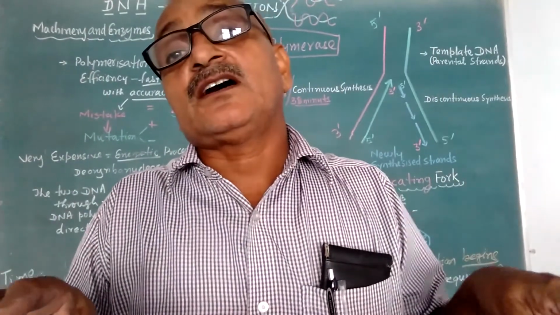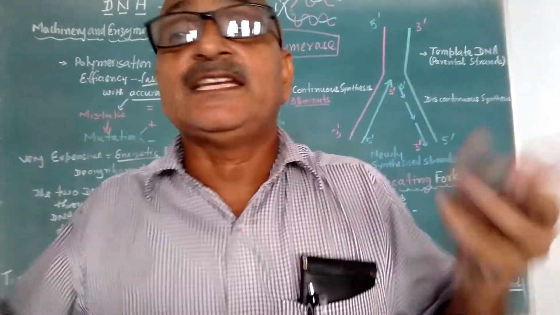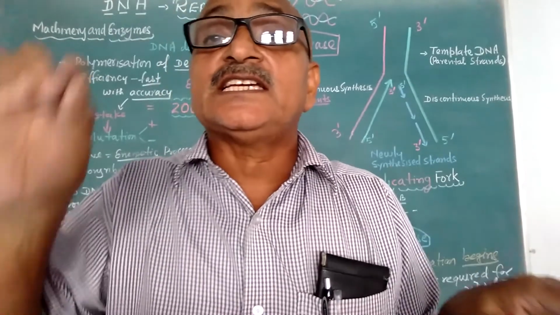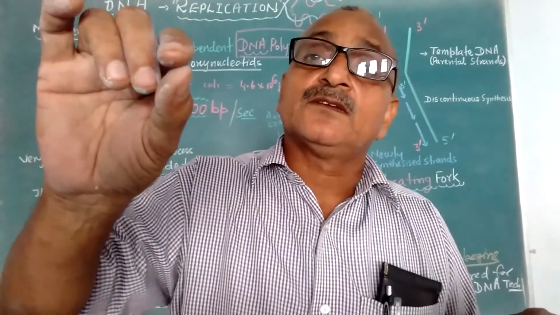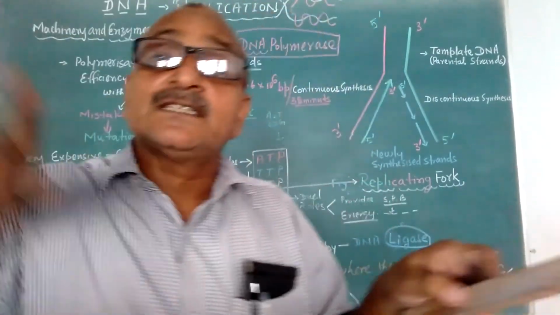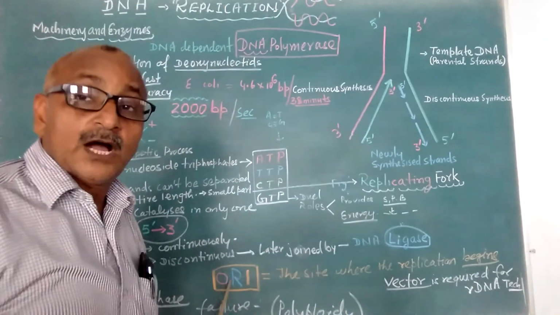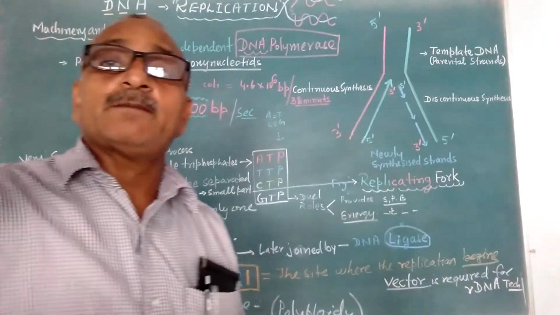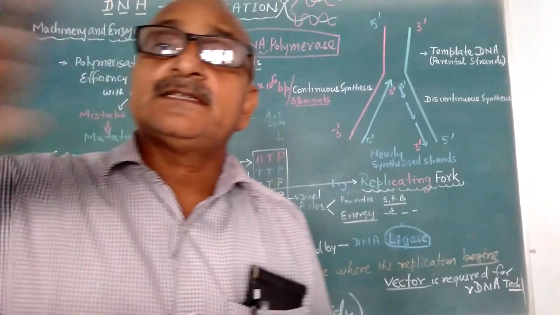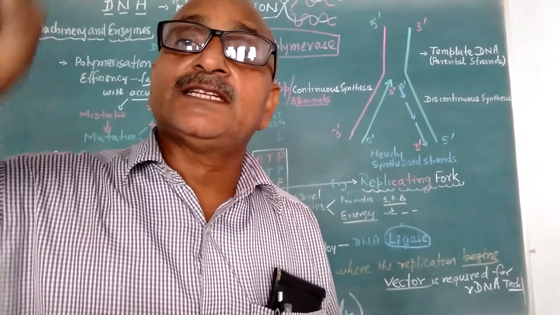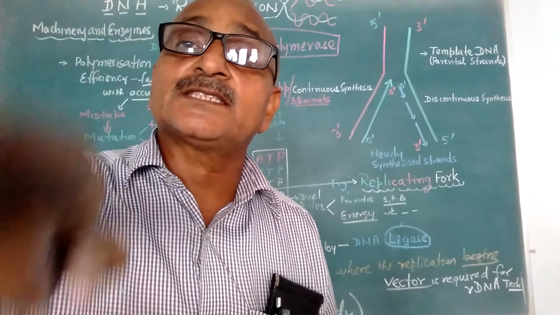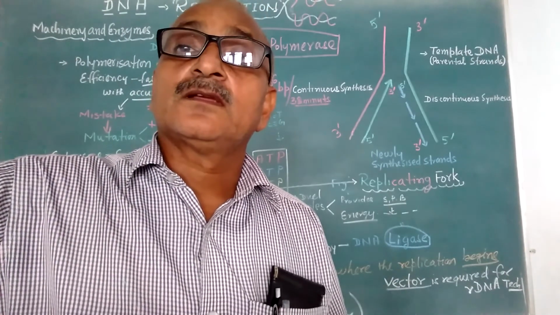Replication does not occur in a haphazard manner anywhere. It requires a specific site where the replication begins. This question was asked in NEET this time. That site is called ORI, the origin of replication. In the entire DNA set, if there is an origin of replication, the replication begins from there.